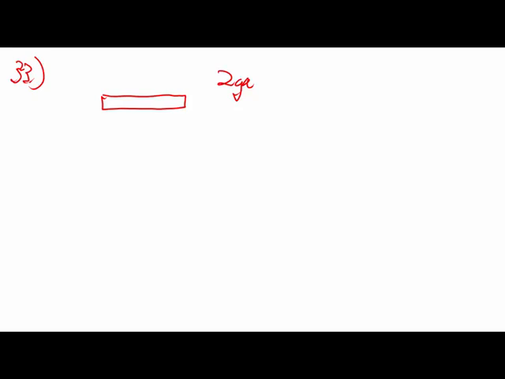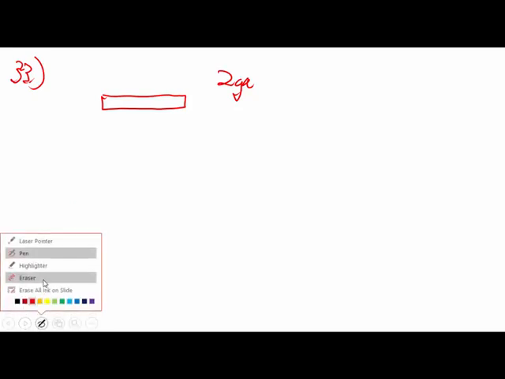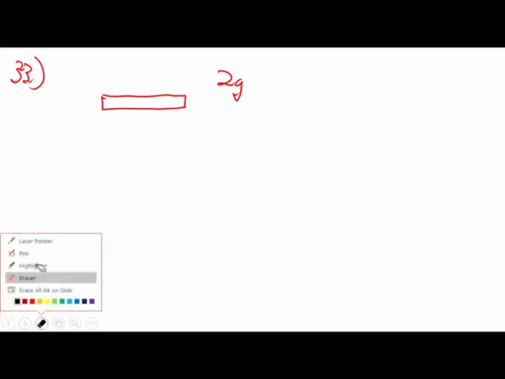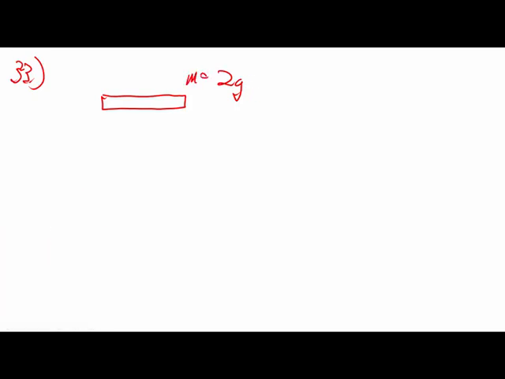I'm sorry. It's a 2-gram wire, so the mass of the wire is 2 grams. And the current on the wire, according to the diagram, is 1.5 amps.